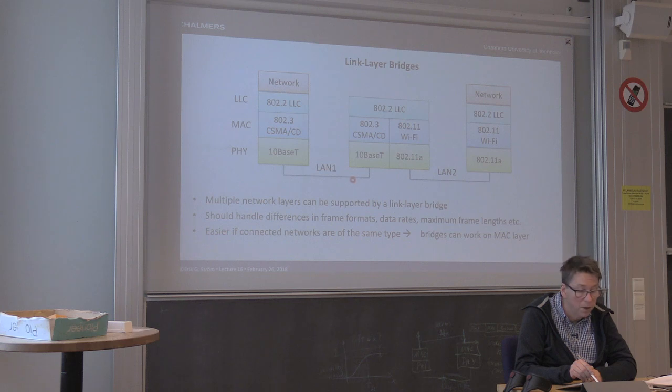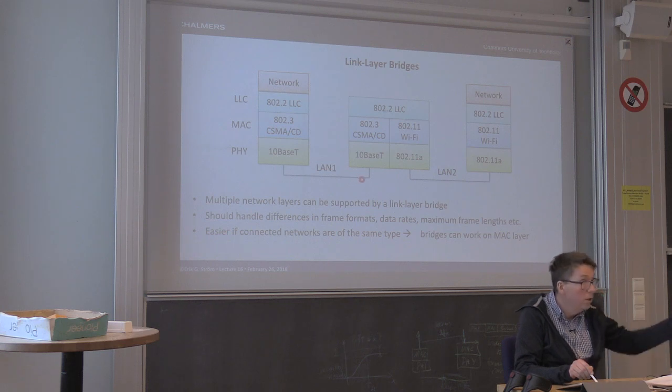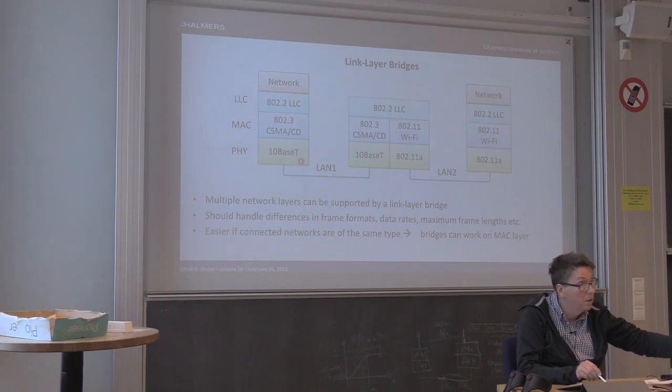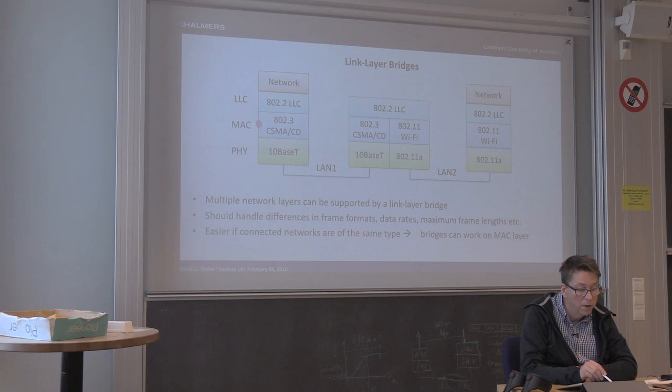Suppose it's one of these, a wired Ethernet: a 10BASE-T physical layer below a CSMA/CD 802.3 MAC layer. Then there is an LLC on top of that, and then a network layer here, maybe IP. Suppose this IP layer would like to talk to the IP layer here. How can we do that?